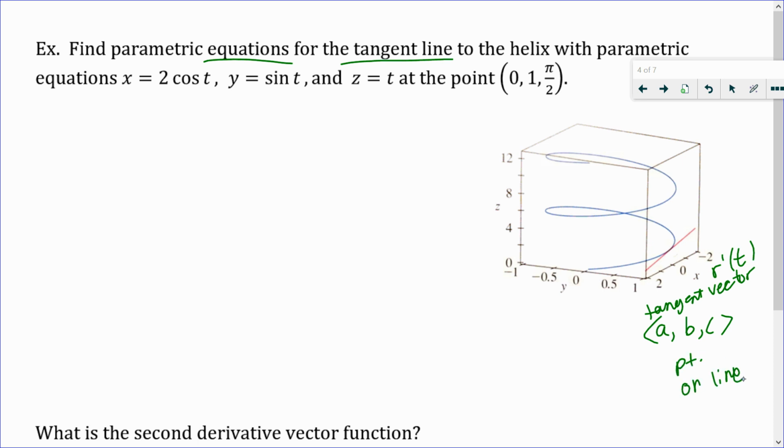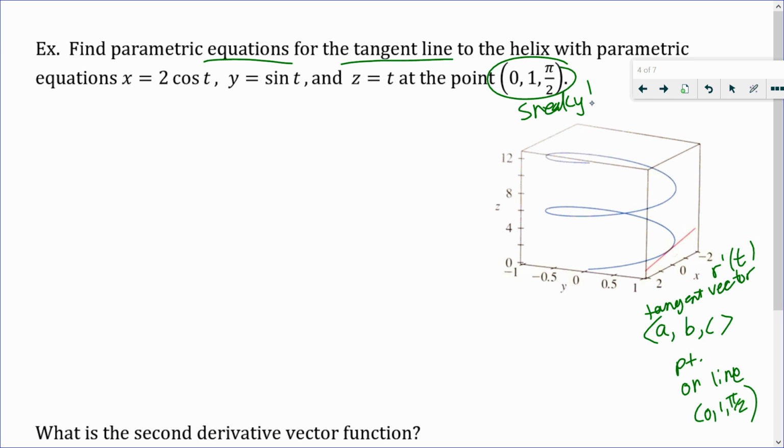All right? So what point have you been given that you want this to happen at? 0, 1, and pi over 2. Now, you don't recognize it, but this is very sneaky here. At some point, you're going to want a value for t to plug in to get the direction vector.